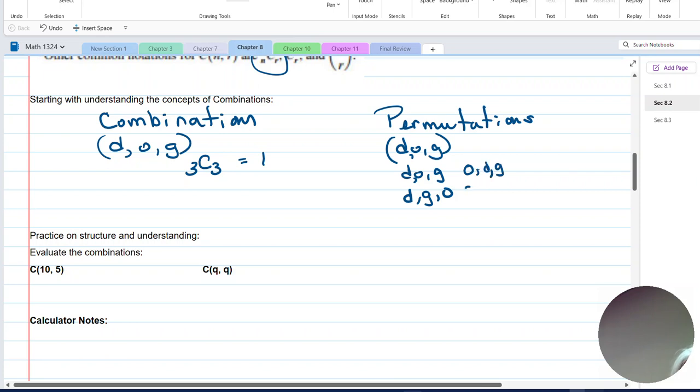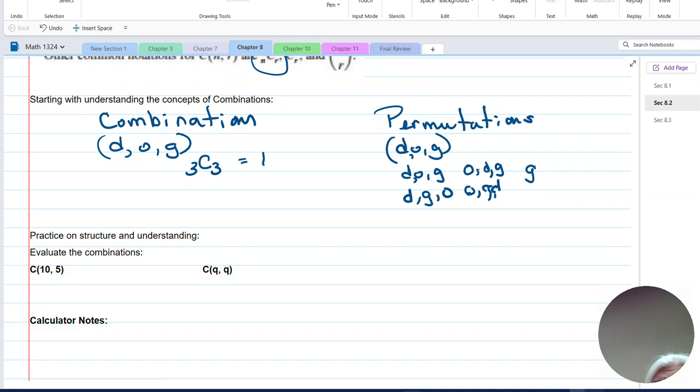I would have the OGD, and then I could have the GOD, GDO.